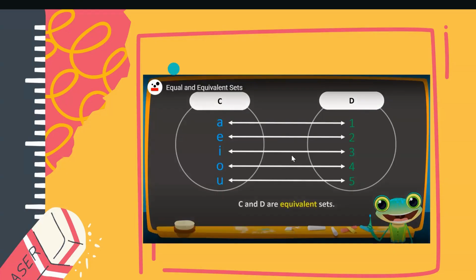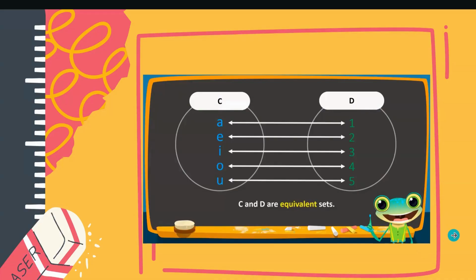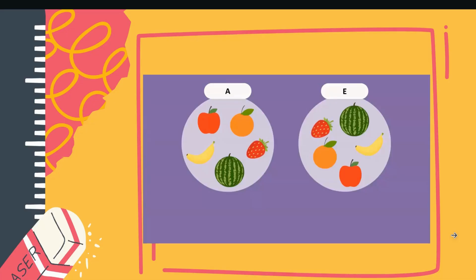What are equal sets then? To understand the concept of equal sets, consider these two sets. Set A is from the first example. Set E is another set of fruits. Do you see any similarity between these two sets? Observe that both contain an apple, an orange, a banana, a watermelon, and a strawberry.